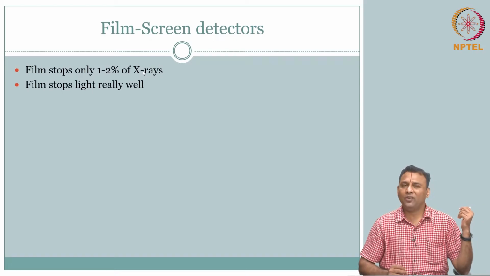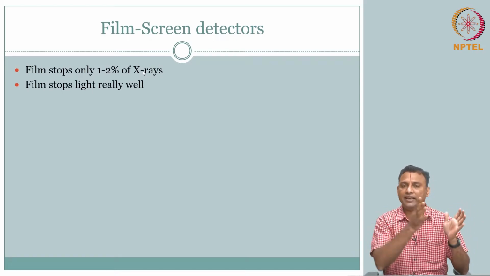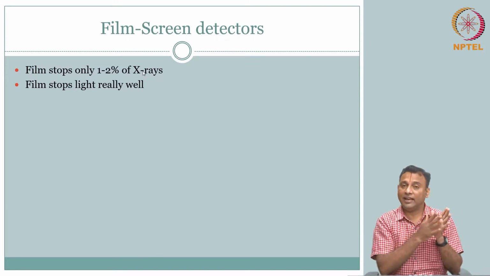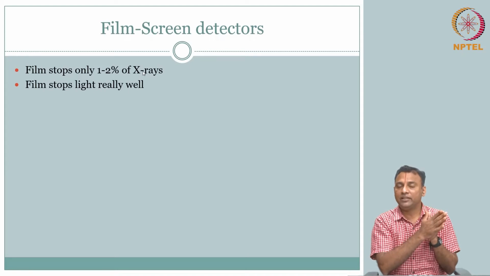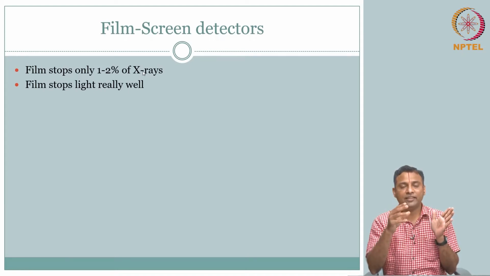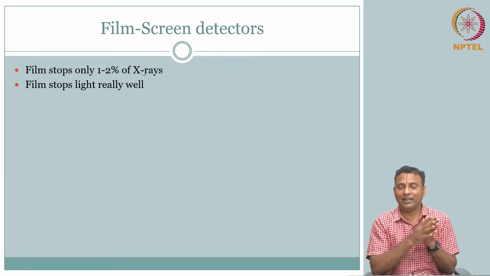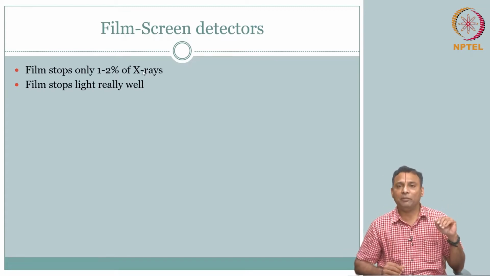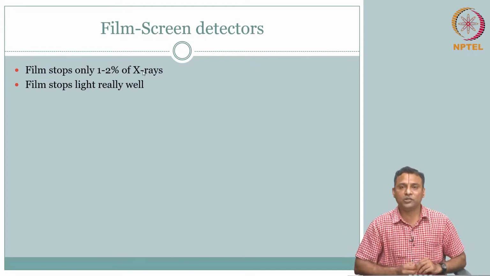So the idea is, instead of directly getting X-rays onto photographic film, since that part is very well established, can I find ways to convert the X-ray to light, and after it converts to light, capture it on a photographic film and develop it, and so on and so forth?